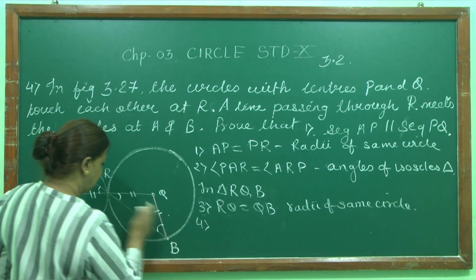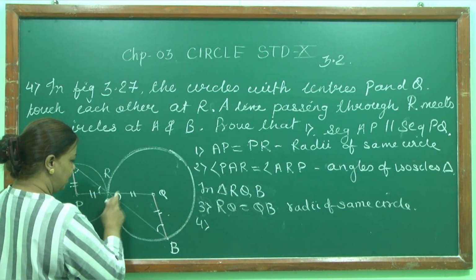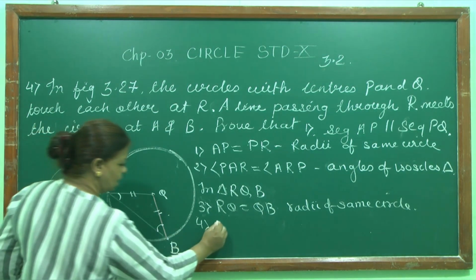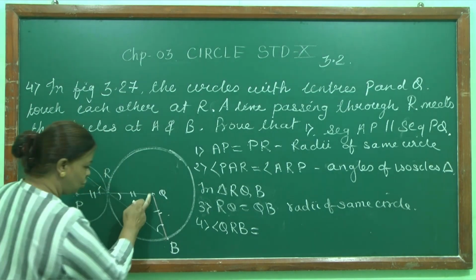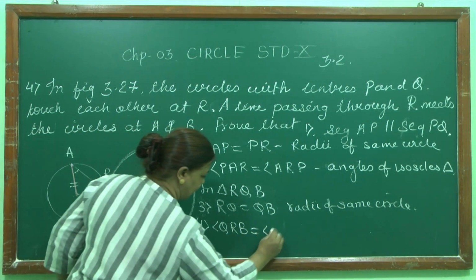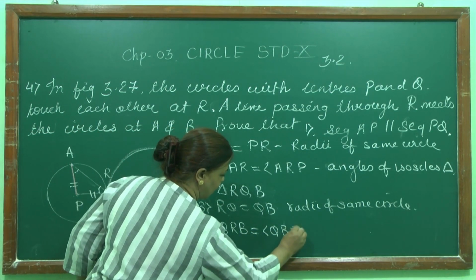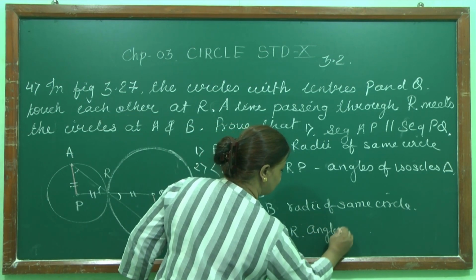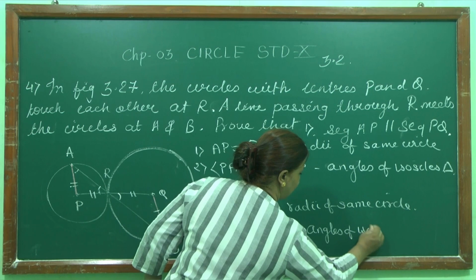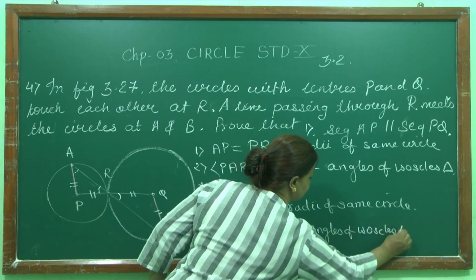So we can say angle QRB is equal to angle QBR. Angles of isosceles triangle.